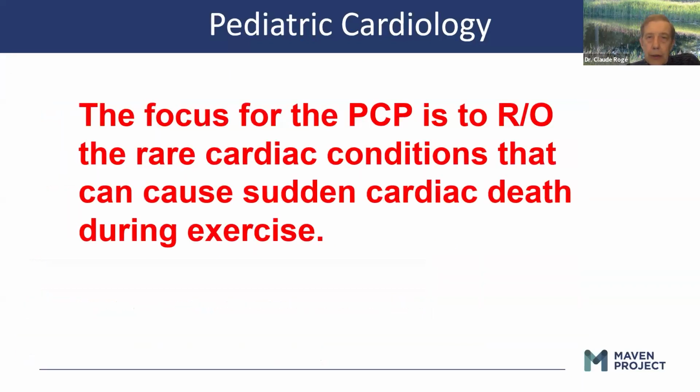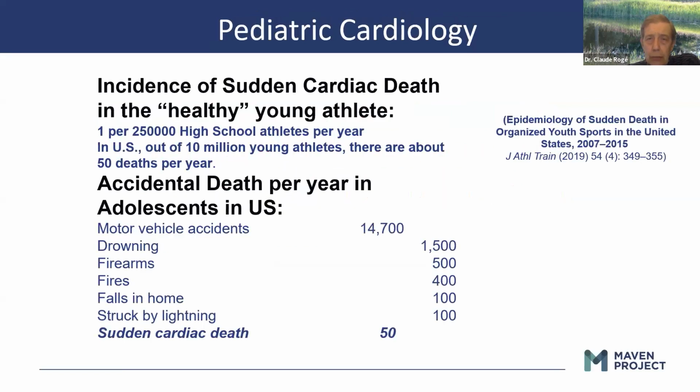So the focus of the PCP is to rule out the rare cardiac conditions that can cause sudden cardiac death during exercise. Just to put it in perspective, sudden cardiac death in adolescents is a fairly rare event. You can see if you compare it with vehicle accidents, drowning, firearms, even lightning is twice as frequent as sudden cardiac death.